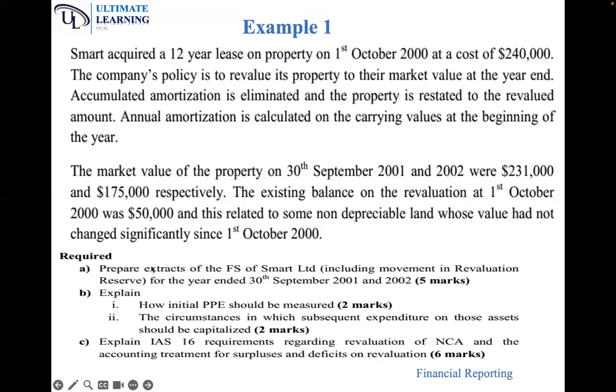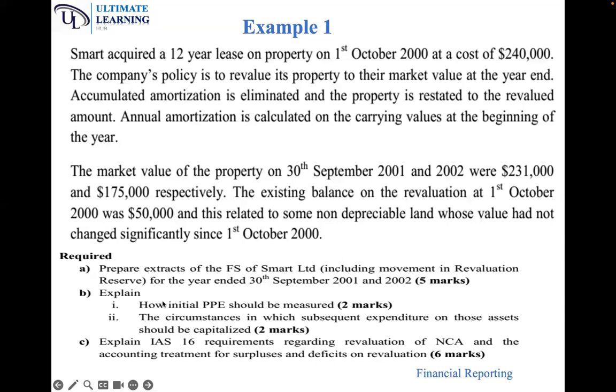Requirement 1: prepare extracts of financial statements of Smart Limited including movement in revaluation reserve. In other words, prepare an extract of the income statement, the statement of changes in equity, and the balance sheet, for the 2 years, 2001 and 2002. I'll come back to that because that is calculation.